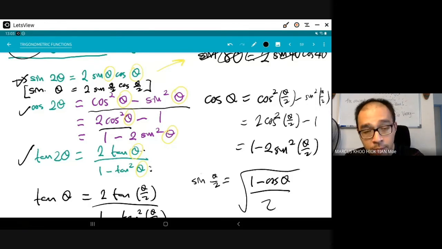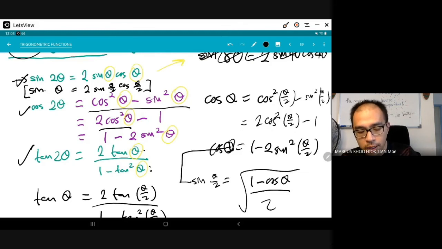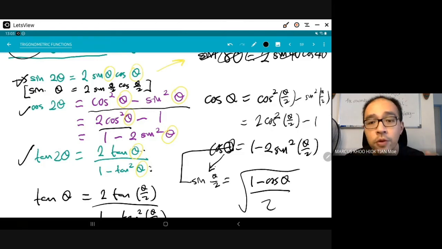Because if you memorize this one, for those of you who can get this, this one actually I changed from this. Cos theta equals 1 minus 2 sine squared theta over 2, right? Then I rearrange it so that I get sine theta over 2. But it's very confusing because it's additional formulas that you don't have to memorize. It is better to memorize the double angle and derive the half angle yourself.